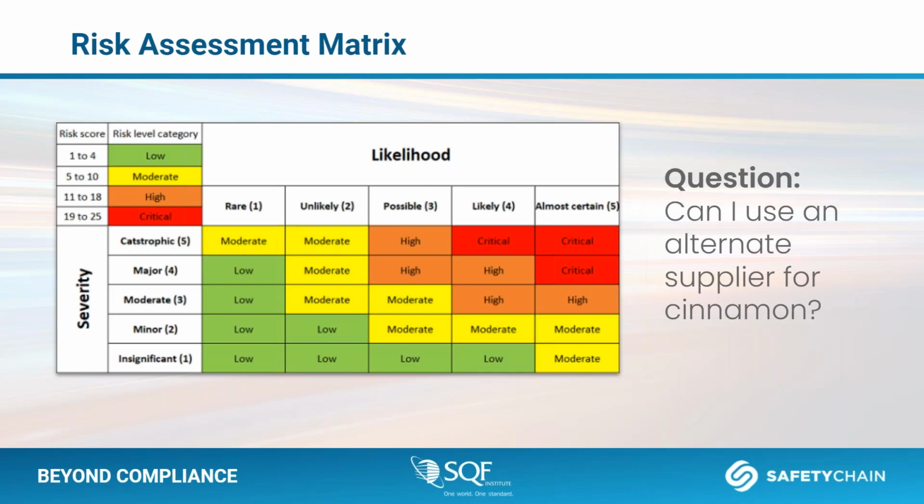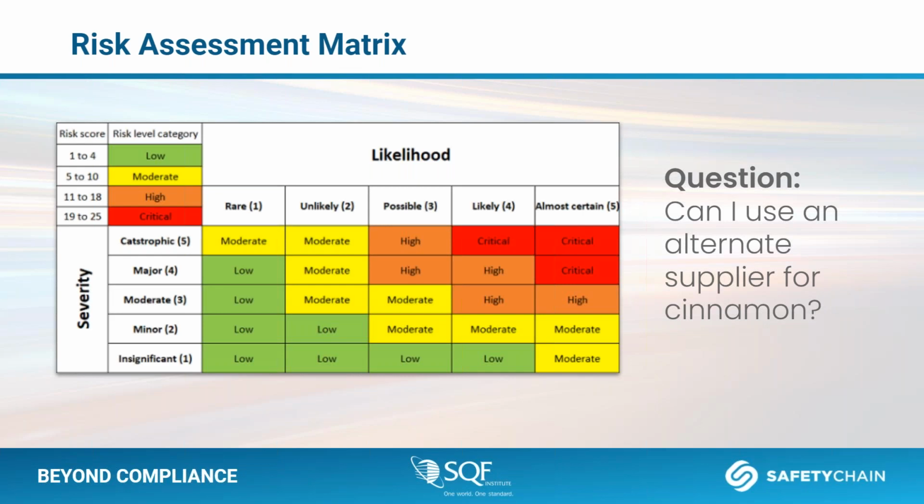So you may be looking for an alternate supplier. Now, my background is baked goods, so I use an example. So what if I'm looking for an alternate supplier for cinnamon? So that's one of those spices that bakers need in order to make those tasty treats.